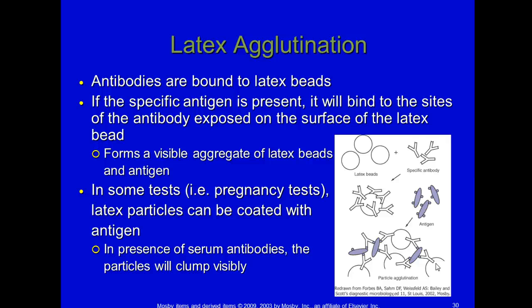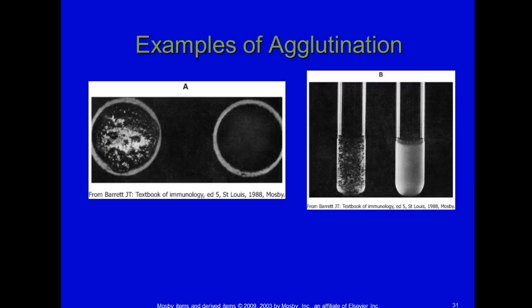If we mix it together, if they're compatible, it will create a latex agglutination, and this is what it'll look like. In part A, this is called a slide agglutination. It is negative on the right-hand side. There's no clumping here. On the left-hand side, it all clumped together, meaning it would be a positive result. In part B, we have tube agglutination. On the right-hand side, there is just a solid solution.